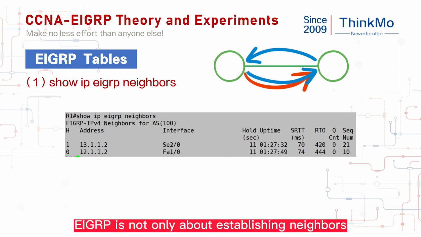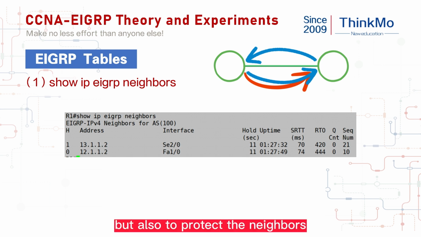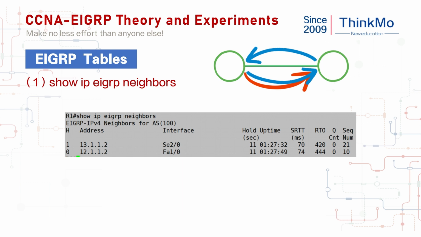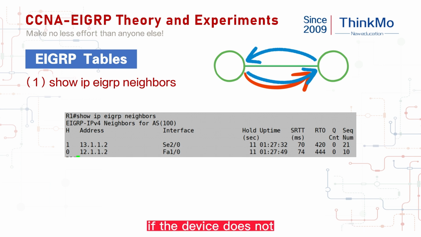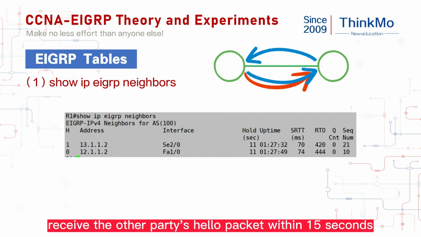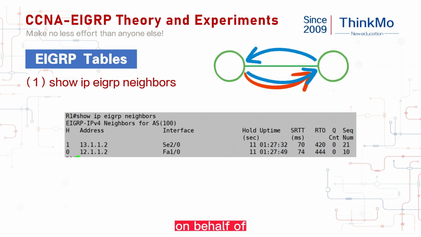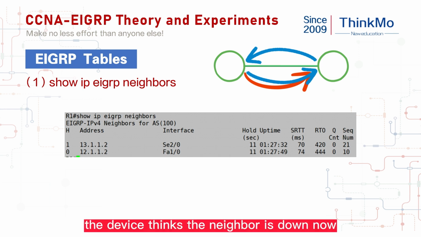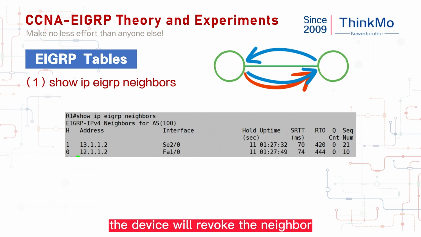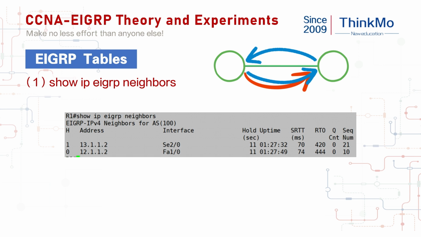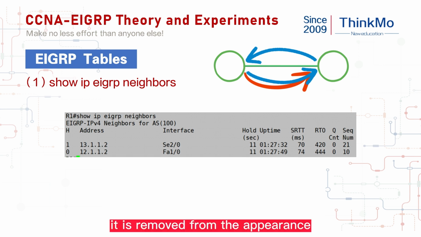EIGRP is not only about establishing neighbors, but also about maintaining the neighbors. EIGRP sends a hello packet every 5 seconds. If the device does not receive the other party's hello packet within 15 seconds, the device thinks the neighbor is down, and it will remove the neighbor. That is, it thinks the neighbor is gone. It is removed from the neighbor table.